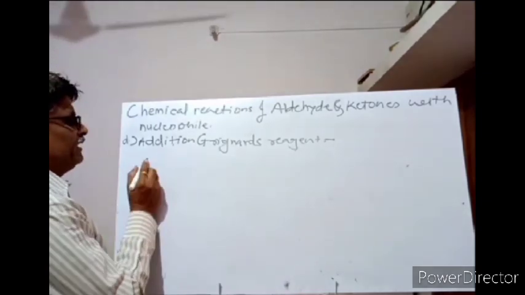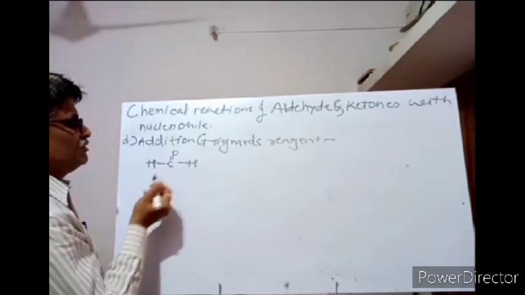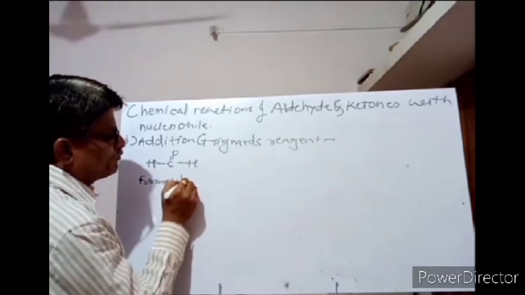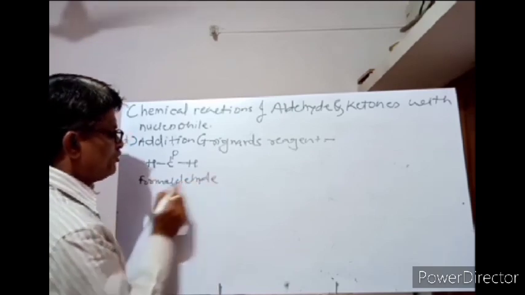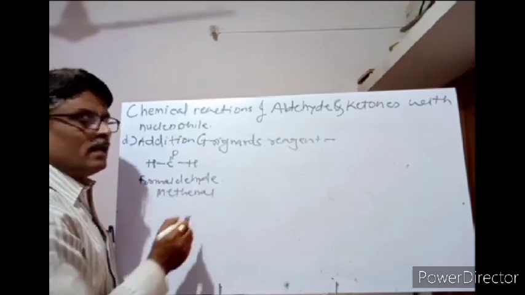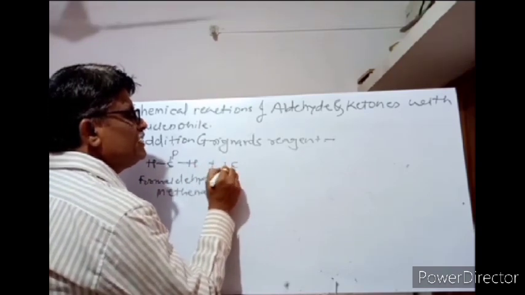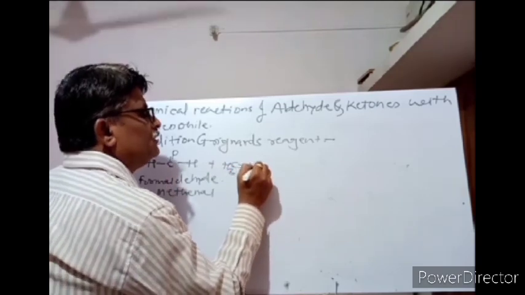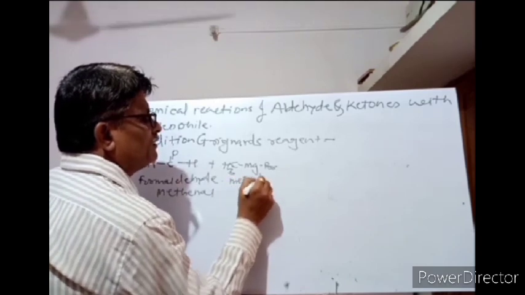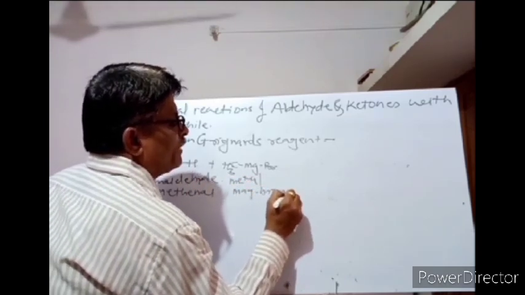This is formaldehyde, HC double bond O H. This is called formaldehyde, or by the IUPAC nomenclature system, methanal. When it reacts with a Grignard reagent, CH3 MgBr, this is methyl magnesium bromide.